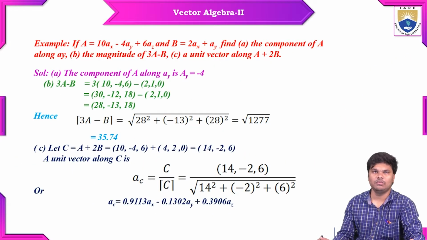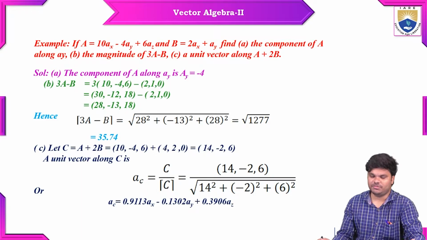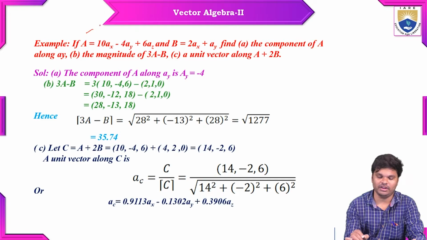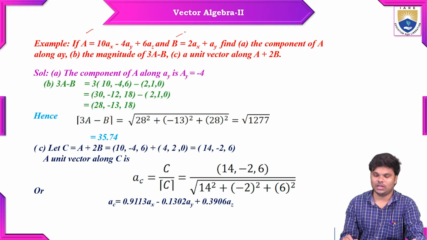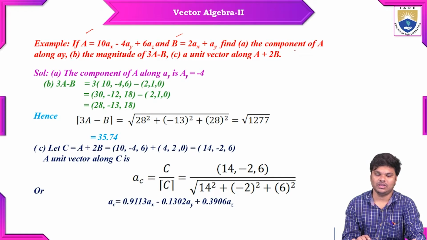So let's solve a problem after seeing the definitions of position vector and displacement vector. Here we are given two vectors, vector A and vector B, and we are asked to find the component of vector A along ay.